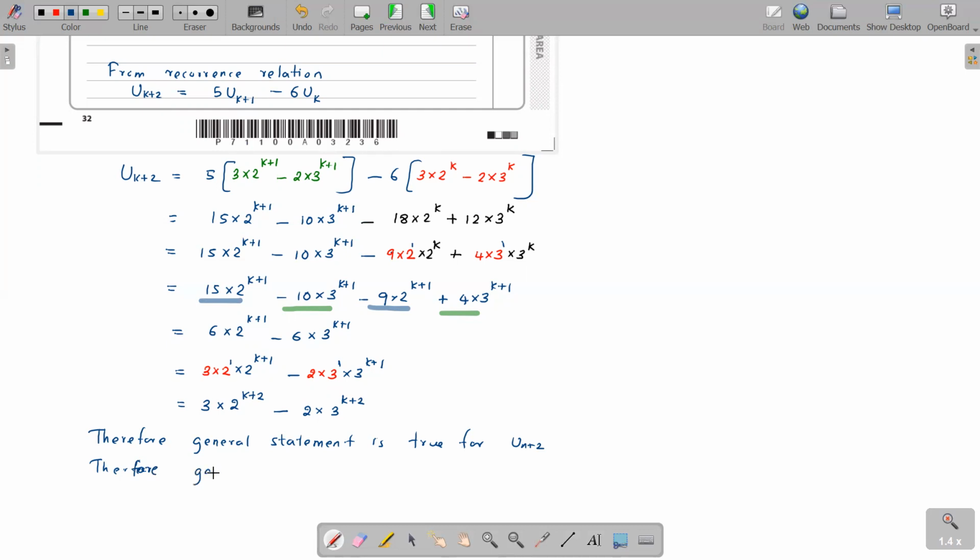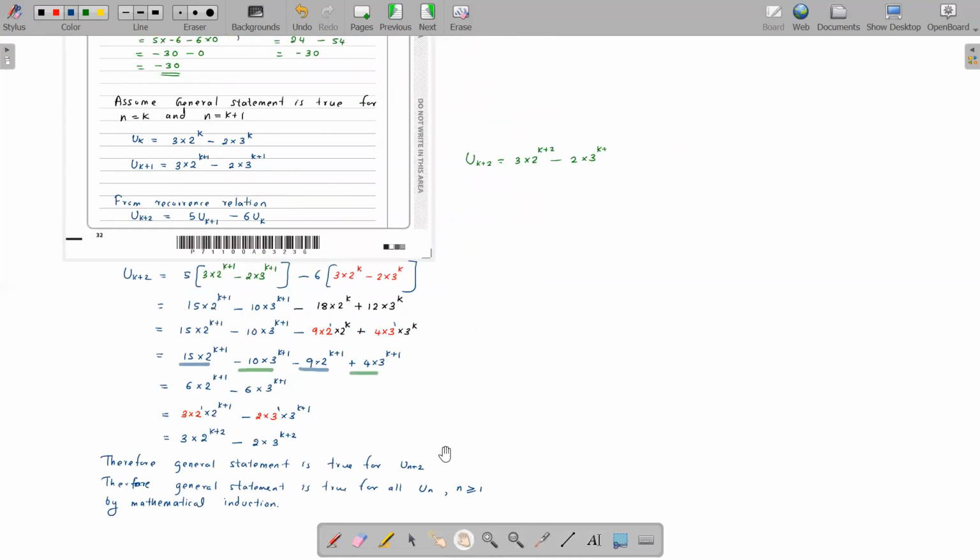Therefore, the general statement is true, or you can say the result is true for all u(n), where n is greater than or equal to 1, by mathematical induction. Okay, then we'll move on to the last part, the divisibility result. Shall we move on to the last part?